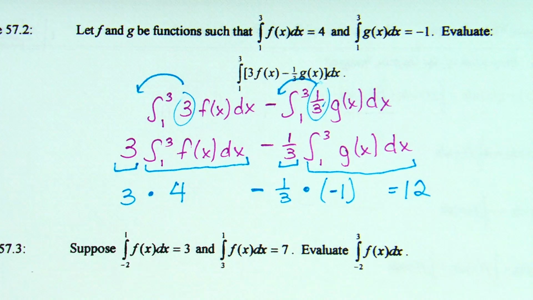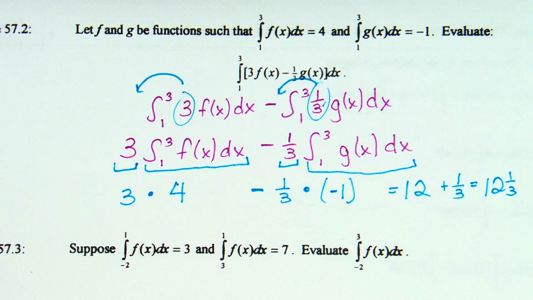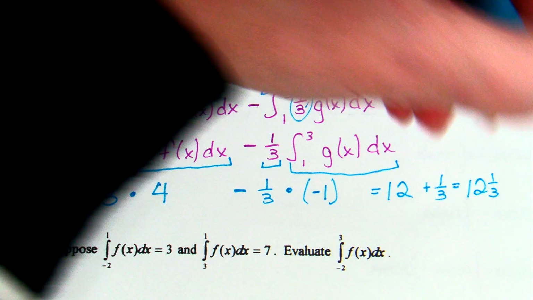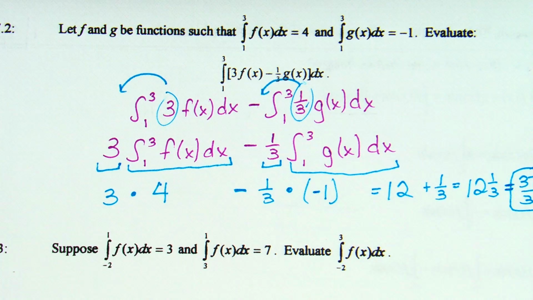A third times 1 is a third, and minus times minus makes it plus a third. 12 plus a third. You could say 12 and a third, but an AP Calc multiple choice would not necessarily have 12 and a third. It would be 37 thirds, because 3 times 12 plus 1.